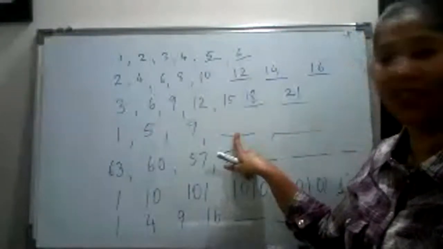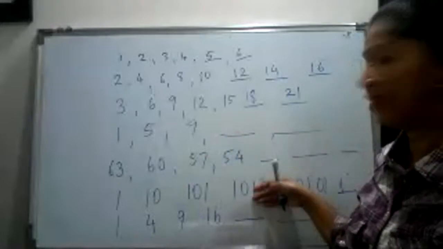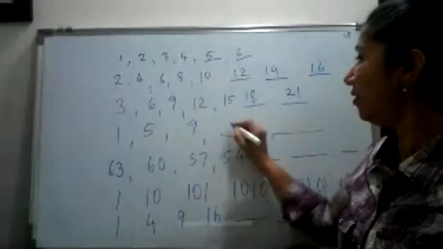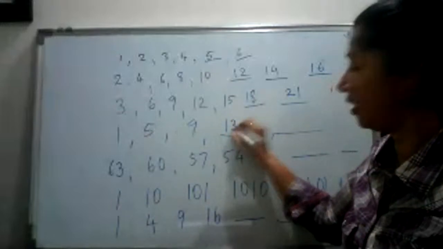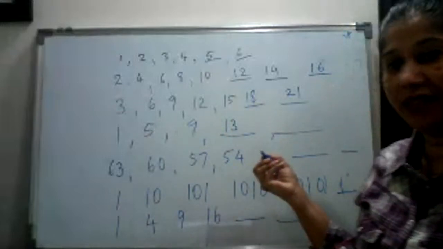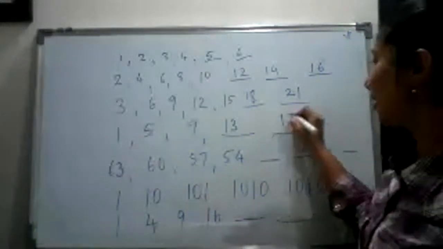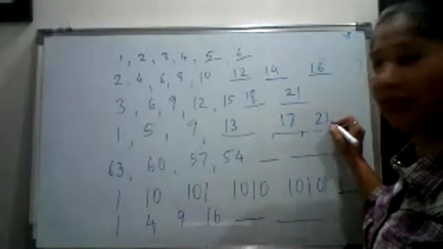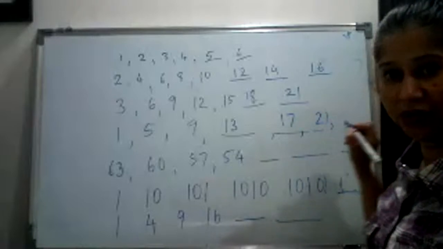What would be the next one here? 13. What would be the next one? Yes, 17. If I go further, it would be 21 and so on.